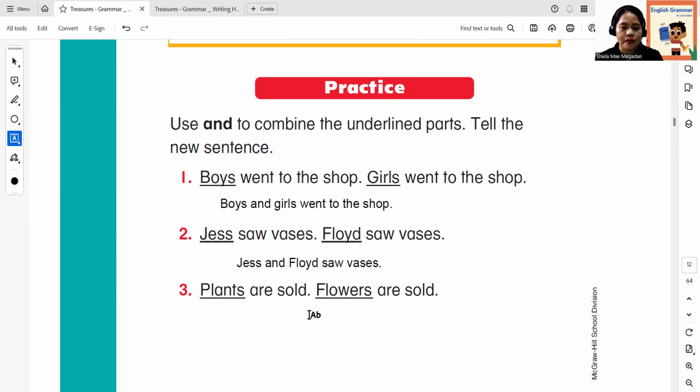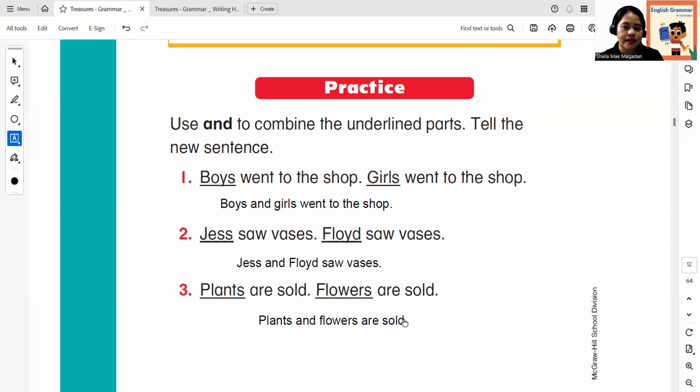How about number 3? Plants are sold. Flowers are sold. Again, we have two different subjects here. We have plants. What's the word? And. Flowers is a common noun, so small letter only, f. Flowers are, what is the predicate? The same predicate, are sold.